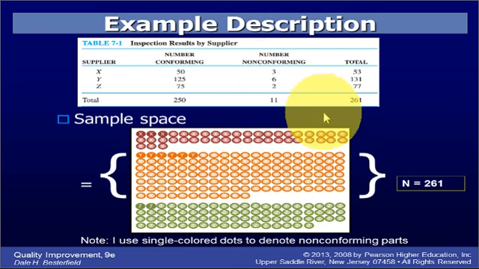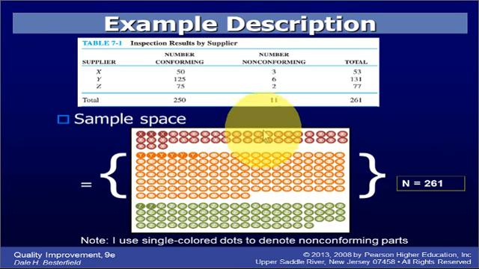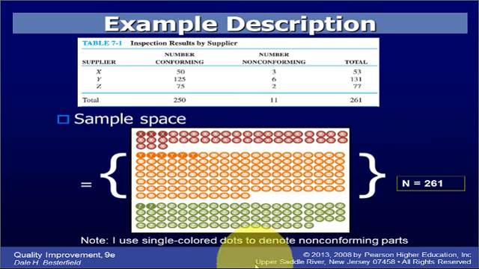And therefore, my sample space is all these 261 parts, because if I randomly pick one part from this sample, then I can pick any one of these 261. So this is my sample space. This is the set of all the possible outcomes.